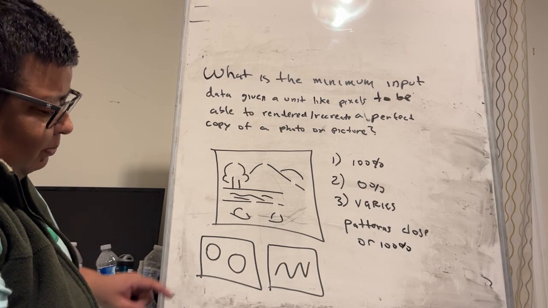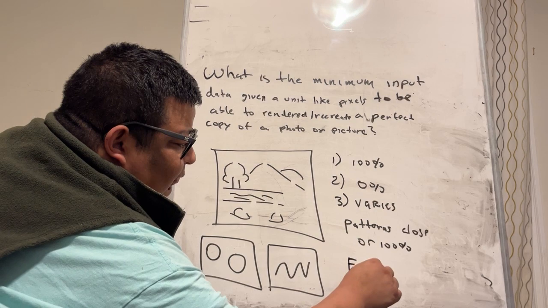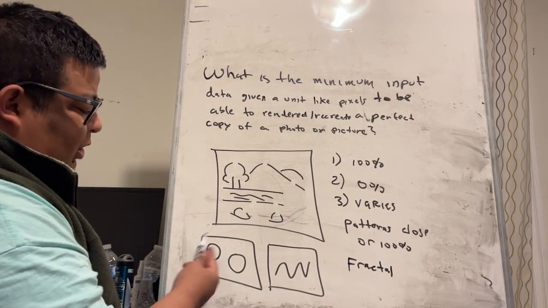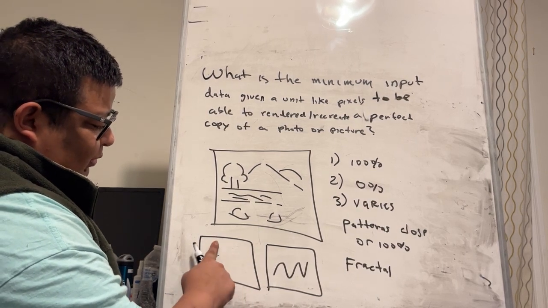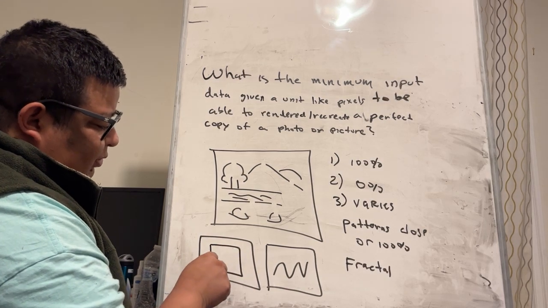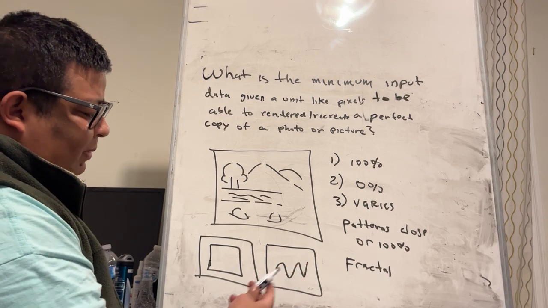Let me give you one example. Let's say I have a fractal. Let's say a basic fractal. A fractal is something that starts building up. But let me give you a basic thing.